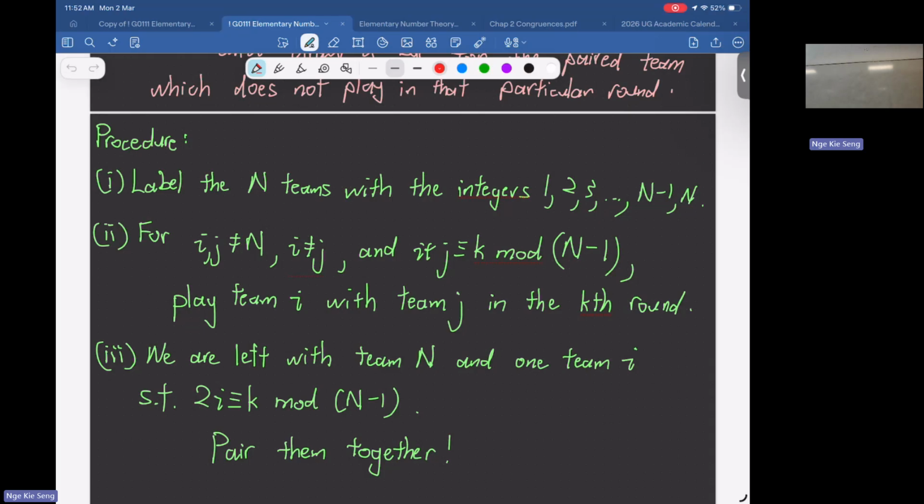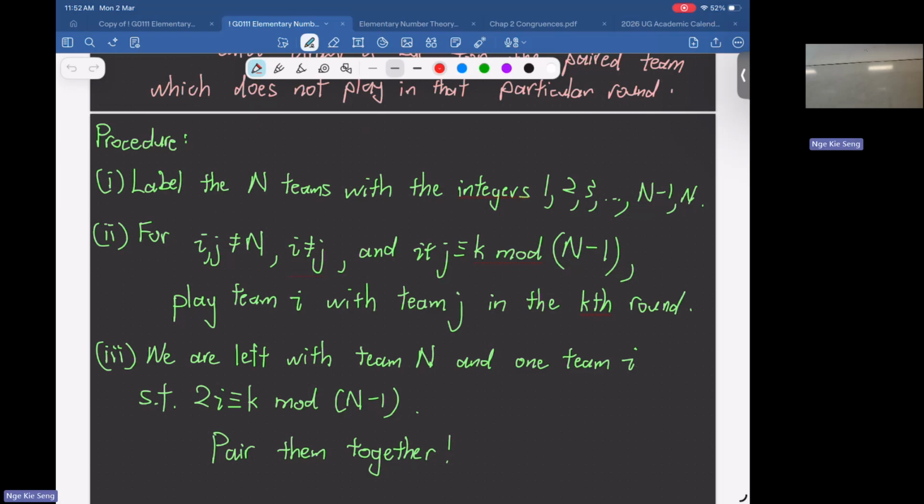For n teams, you label them 1 to n. For i and j not equal to n, meaning not the last team, and i and j are different, and moreover i plus j is congruent to k mod n minus 1, let them play at the kth round. So i and j add up, and when the sum is congruent to k, let them play at the kth round.